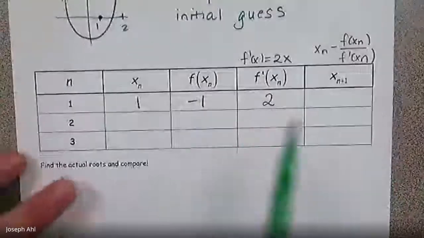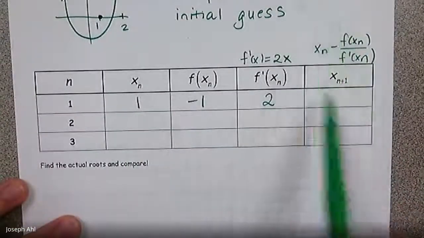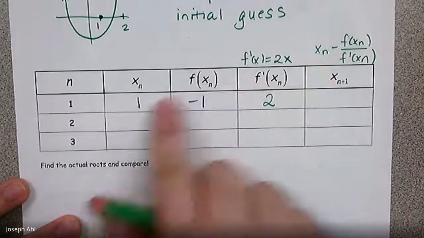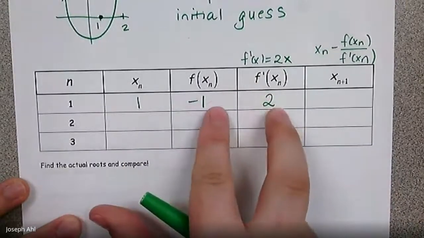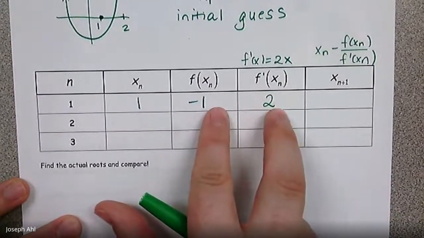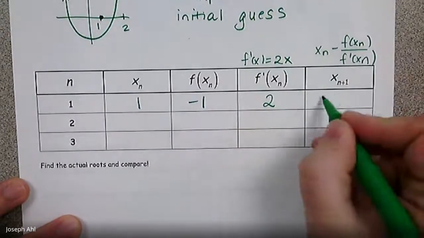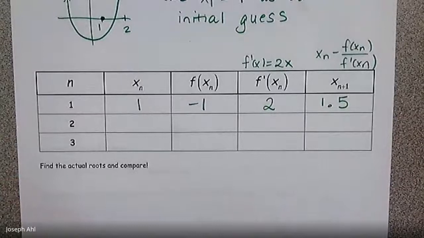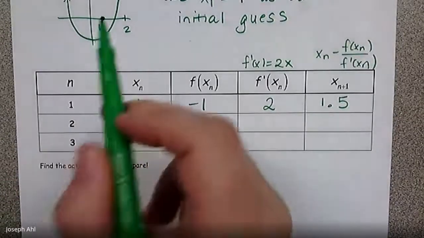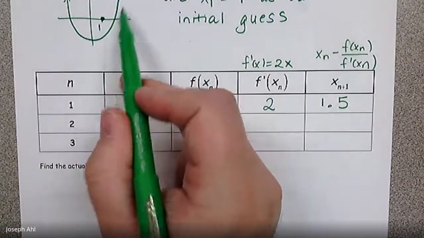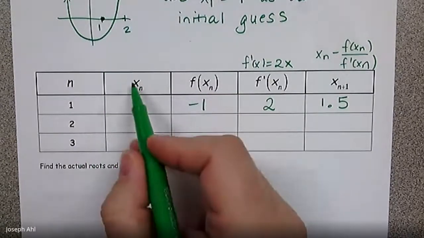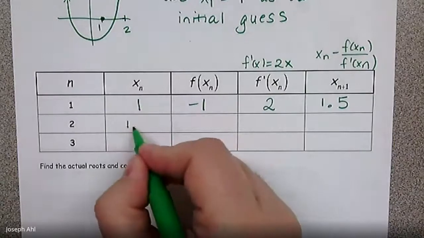So you can see how all of this information leads us towards that last calculation: x sub n, which is 1, minus the ratio of what you have here. So 1 minus negative a half is the same thing as 1 plus a half, or 1.5. So that's the new x-intercept that we would find the tangent line at and then start the process over again. So our second guess for x2 is 1.5.